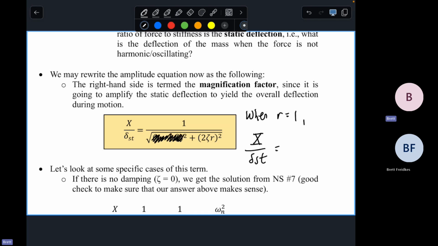This term goes away. Then you have 1 over the square root of that term squared, cancels out. This ends up being 2 zeta, and then r is also 1. So you have this amplitude magnification factor being 1 over 2 zeta. This is what we call the quality factor. This is Q.